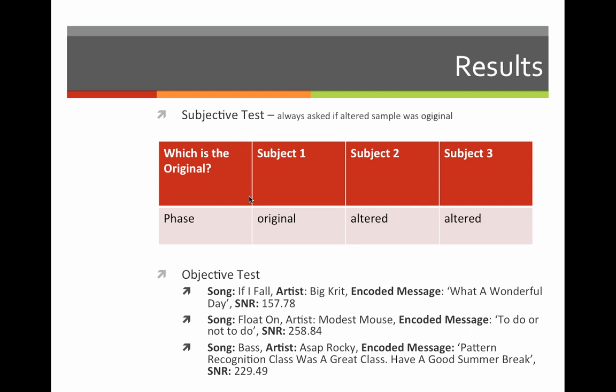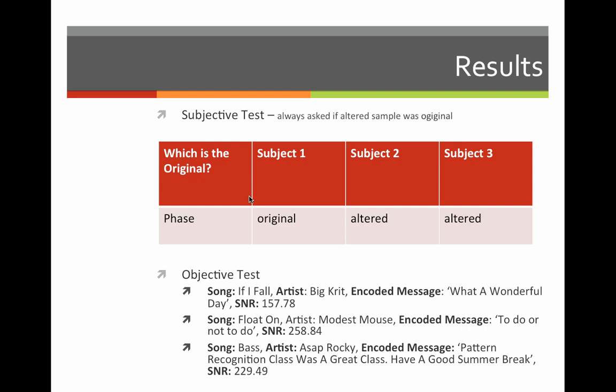For subject 1, they said it was the original. Subjects 2 and 3 said it was not original. So I have 2 out of 3 that were correct. This is good information because it's almost 50%, and we get our best information from subjective tests that are around a medium.